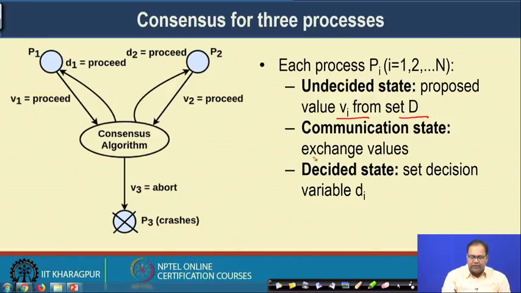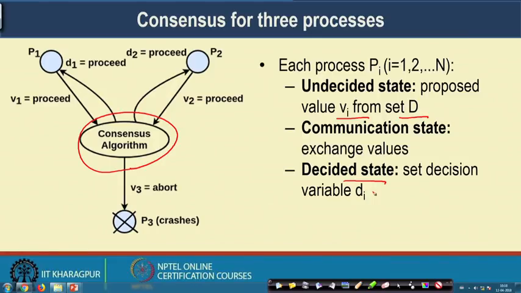Then in the communication state, they are exchanging the value among themselves. By exchanging the value and applying the consensus algorithm, they can reach the decided state, where they set the decision that everyone in the network agrees on a certain variable di.